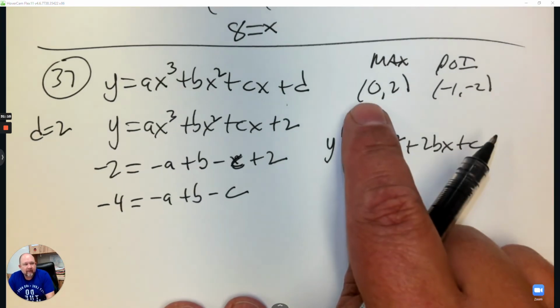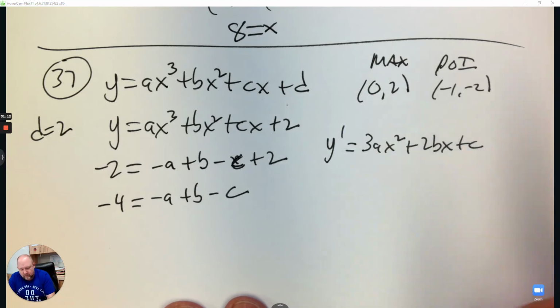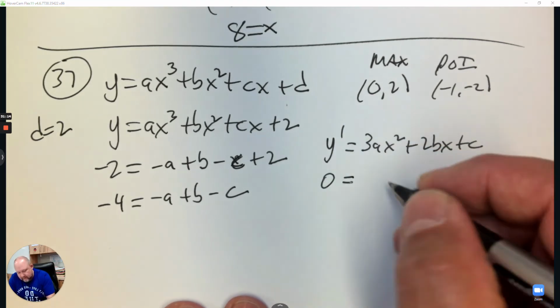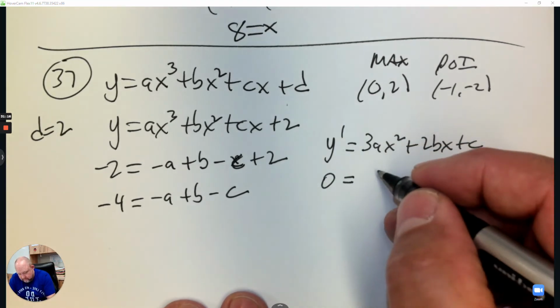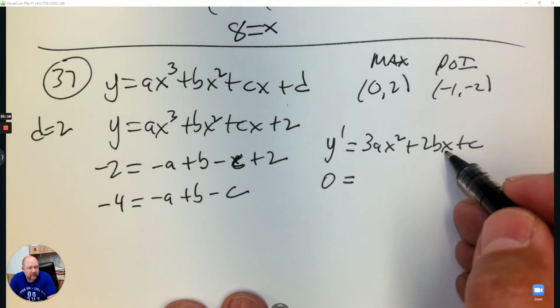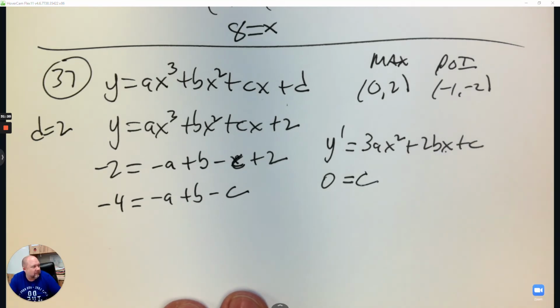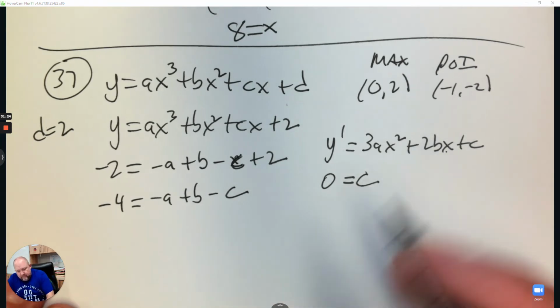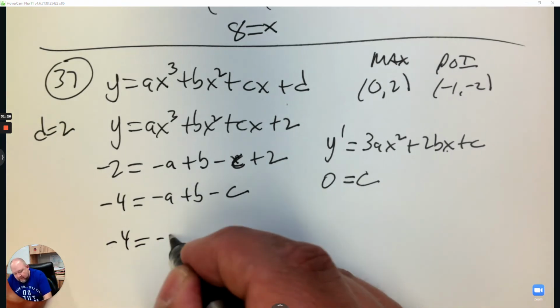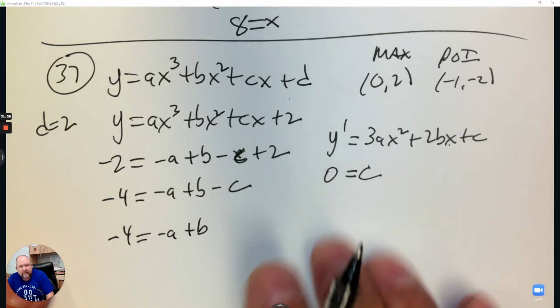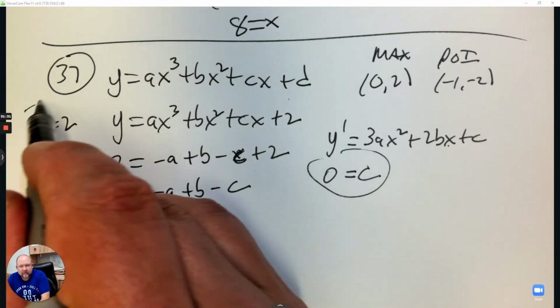And I know that there's a maximum at 0, so the derivative I'm going to make equal to 0. And if I plug in 0 for x, then c is equal to 0.